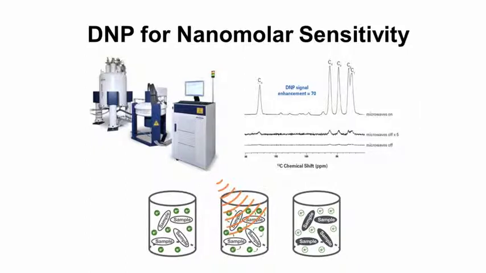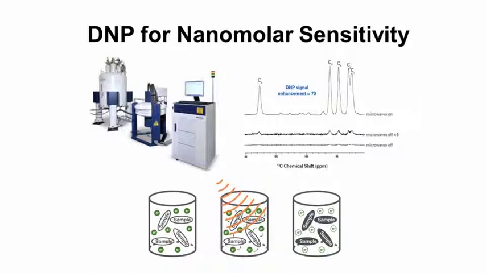So the concept of DNP is to basically take a sample, cool it down a lot, irradiate it with microwaves, and essentially catalyze or enhance the transfer of electron polarization to nuclear polarization.